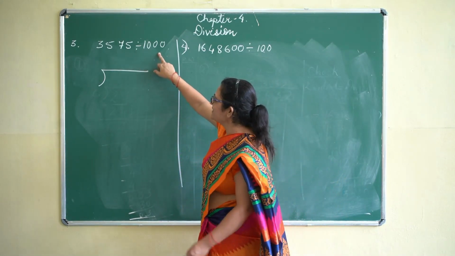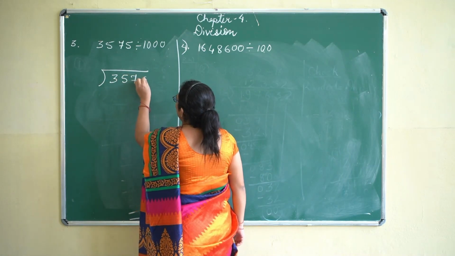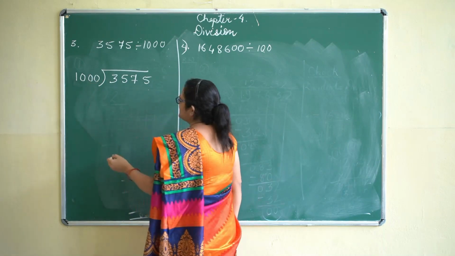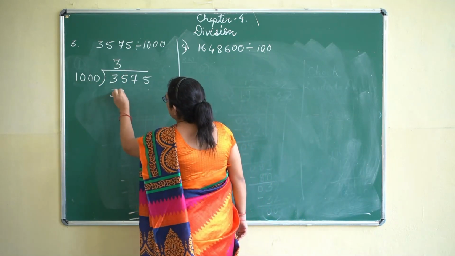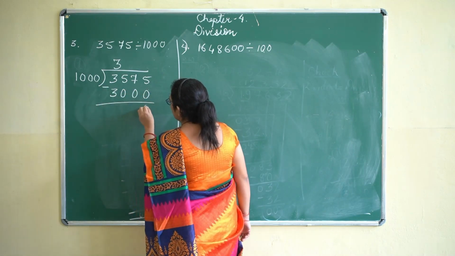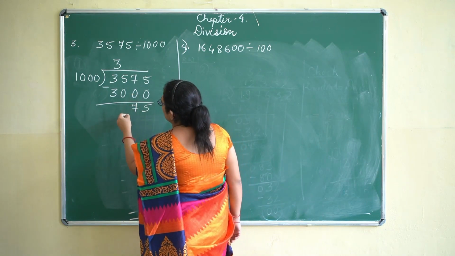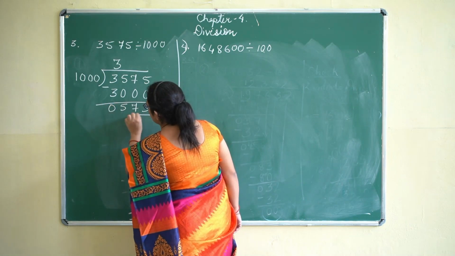3,575 divided by 1,000. So you will write 3,575 here and 1,000 here. In the table of 1,000, 1,000 3s are 3,000. We will write it like this. Subtract: 5 minus 0 is 5, 7 minus 0 is 7, 5 minus 0 is 5, 3 minus 3 is 0.